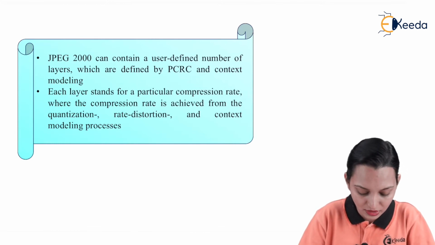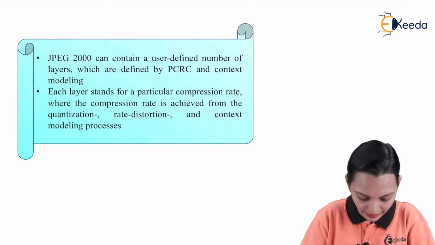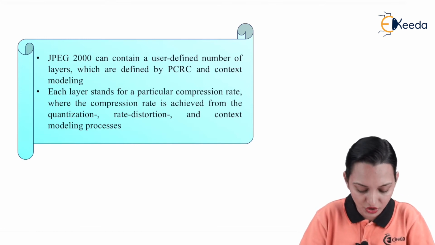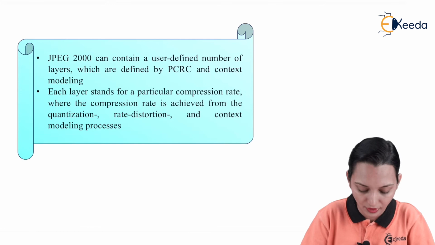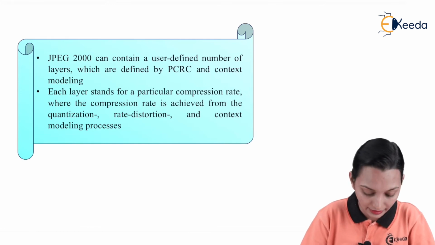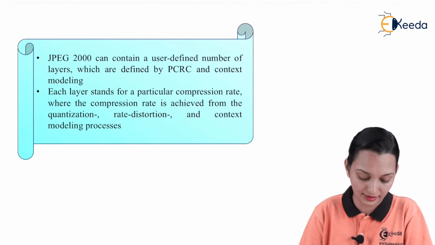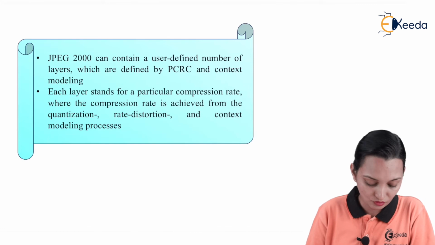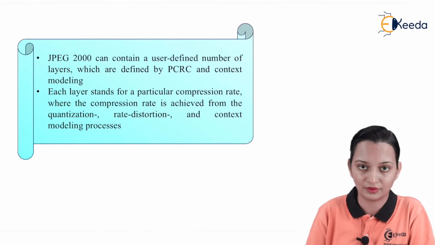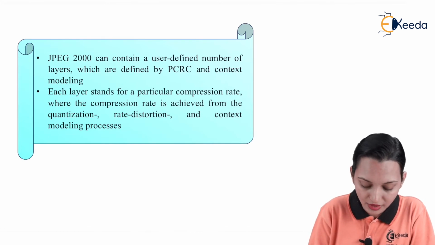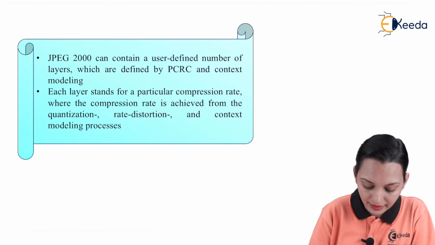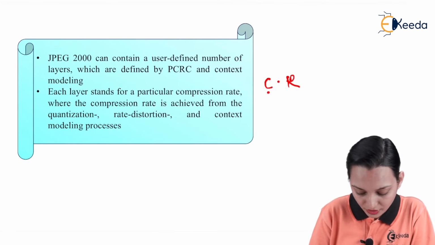Each layer stands for a particular compression rate, where the compression rate is achieved from the quantization, rate distortion and context modeling process. So we can increase the number of layers because it is user defined, and every layer will have its own compression rate.